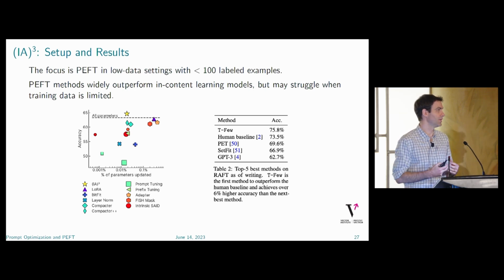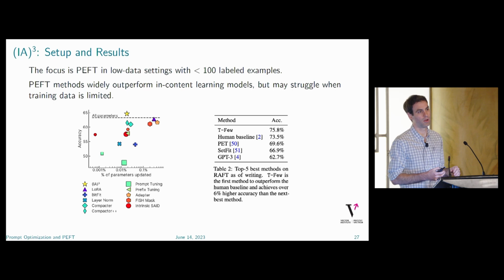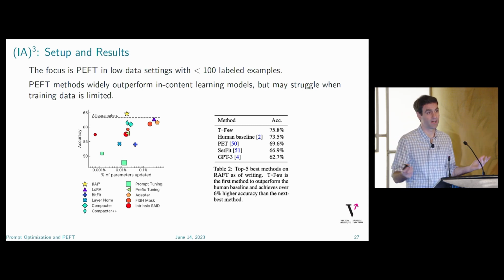T-Few, which is the IA3 approach, is far and away the best model in this setting. But you can see GPT-3, because it's a very general and good in-context learner, actually is one of the top 5 approaches for this particular data set because of its adaptability with a very small number of examples.